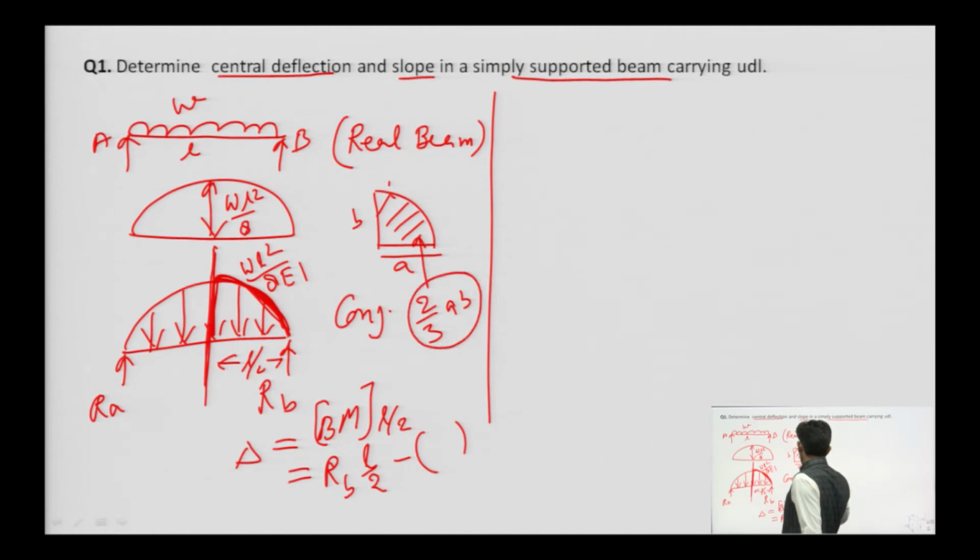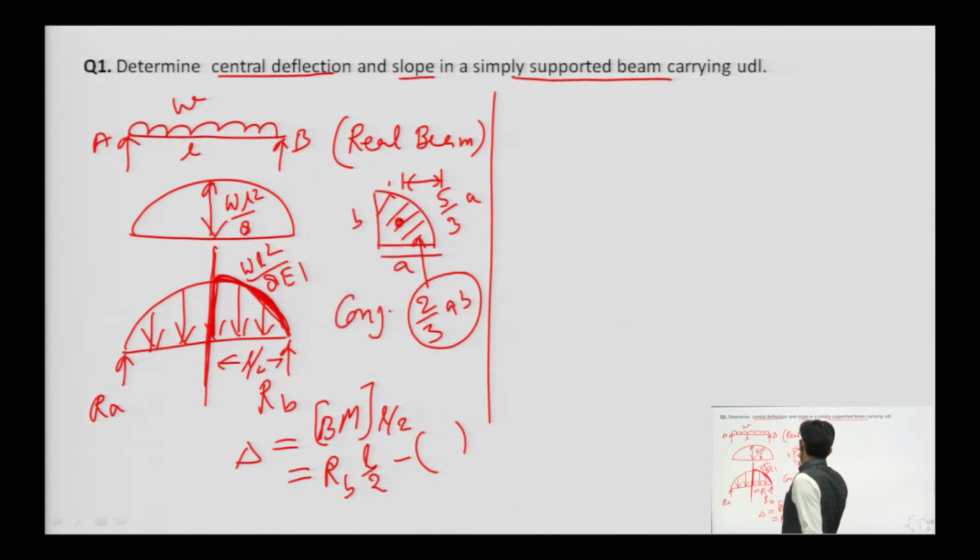So, this is the area, and its CG, say this distance is 5 by 3A, right? Is it correct? It's a distance from this 5 by 3.